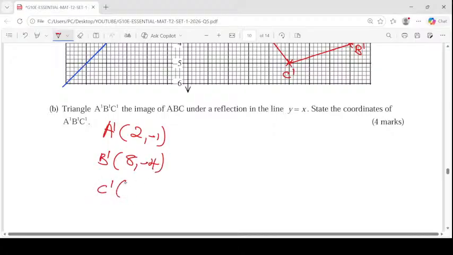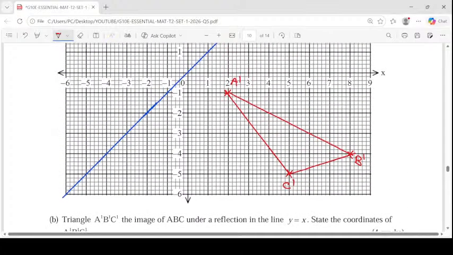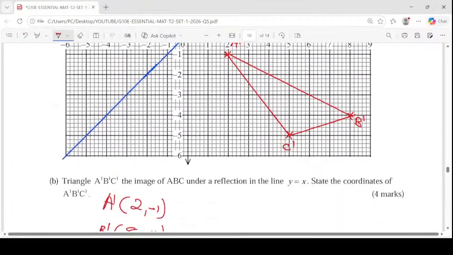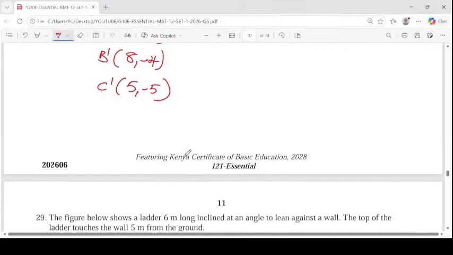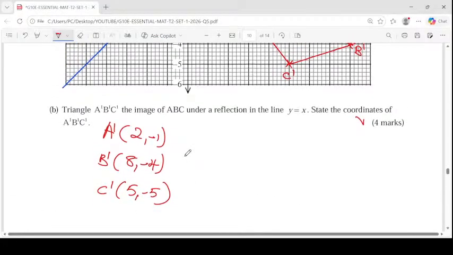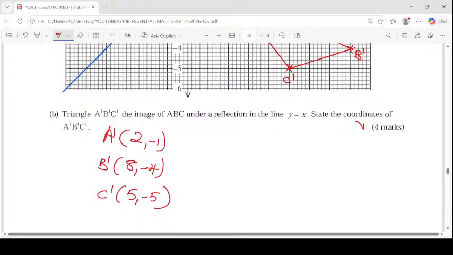Then C prime I'll be having 5, negative 5. Those are the coordinates, and that's how you get your 4 marks for that particular question.